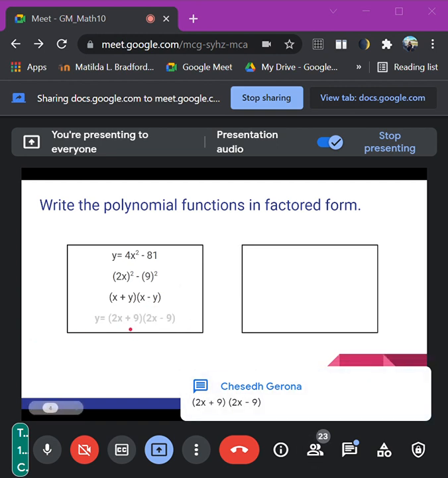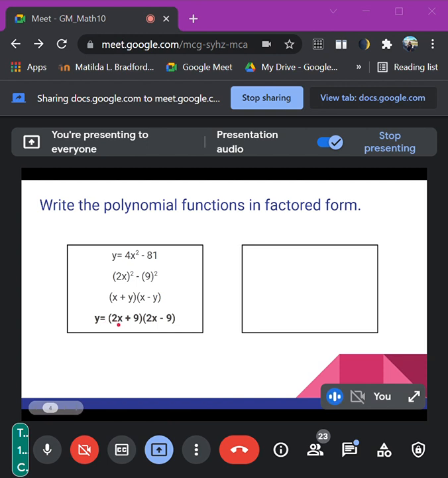So the answer here is y equals quantity 2x plus 9, quantity 2x minus 9. We just treat the 2x as x, and the 9 as y, and substitute. You have x, that is 2x, plus y, which is 9. And then here again x, that is 2x, minus y, which is 9.